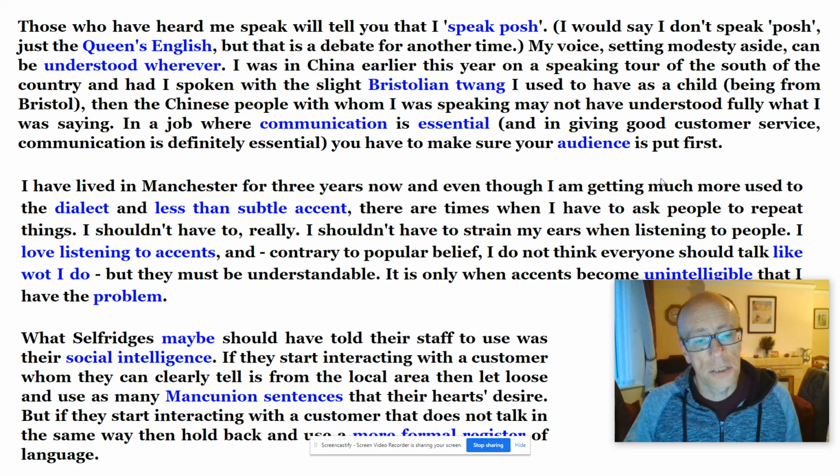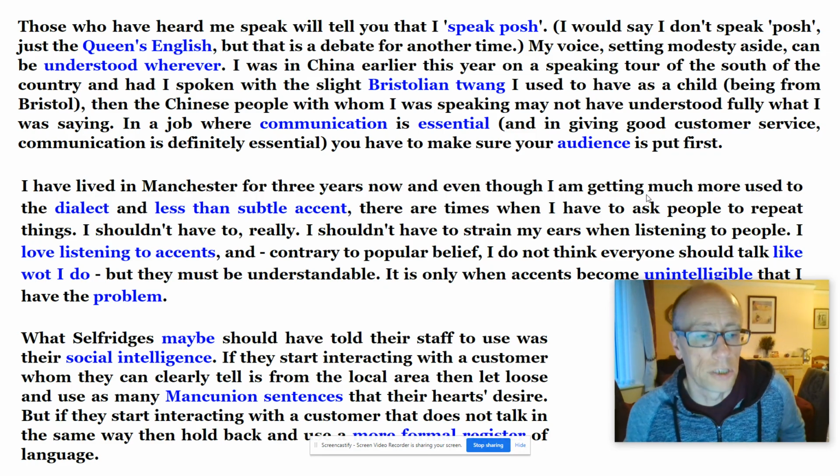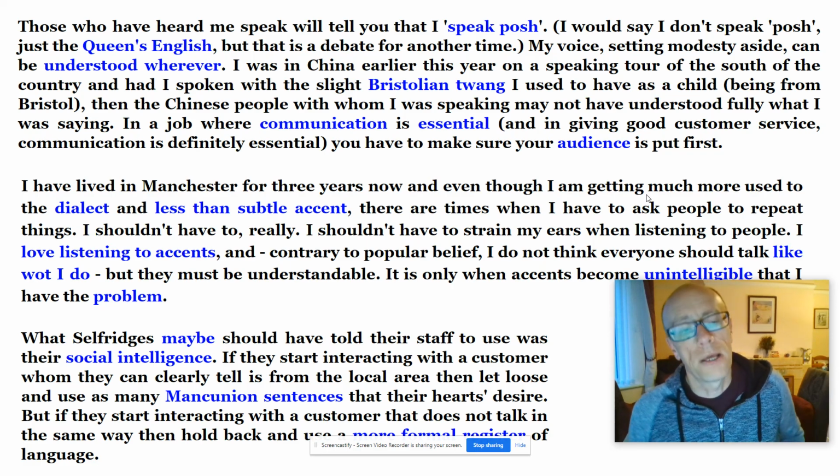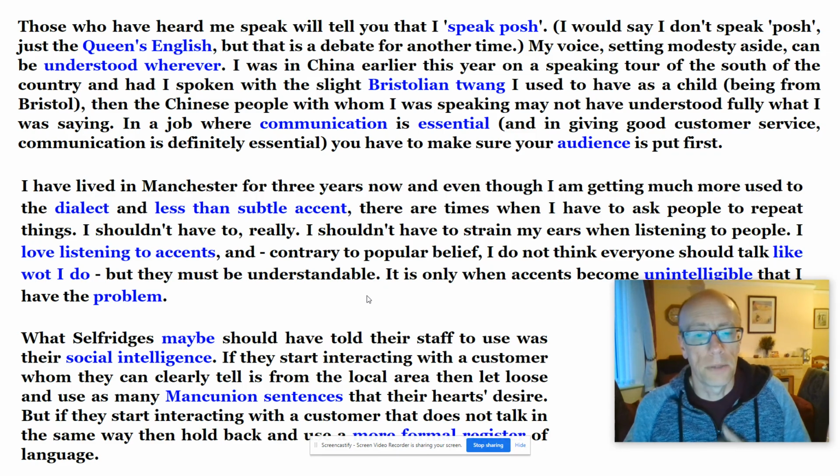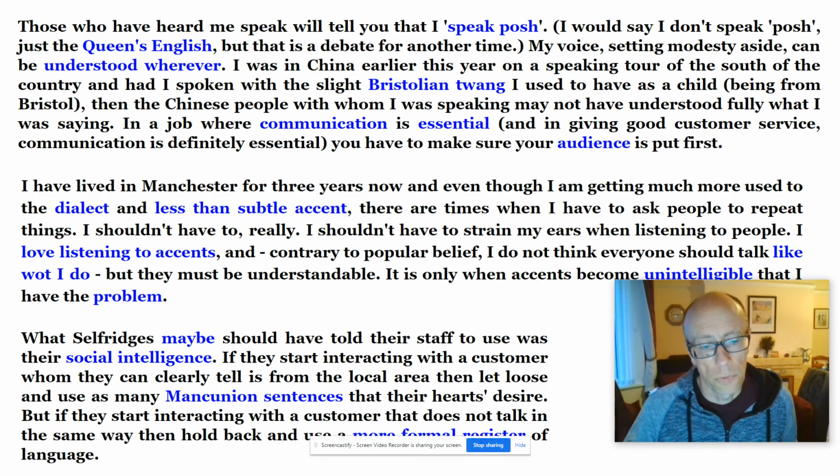Okay, so here he's slightly shifting his position. So rather than simply agreeing with Selfridges' viewpoint, it's saying, well, maybe the advice to the workers should have been modified a little bit. And he uses this phrase, social intelligence. So this is kind of related in with Howard Giles's accommodation theory, that basically people should be encouraged to interpret their audience and therefore converge with the way that their listener is speaking.